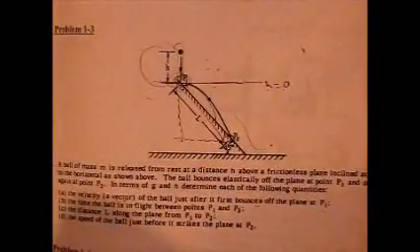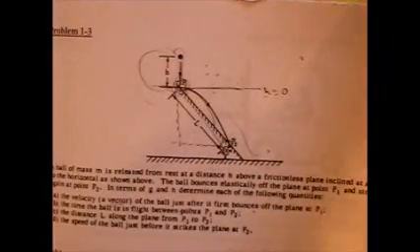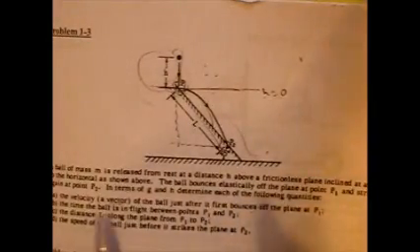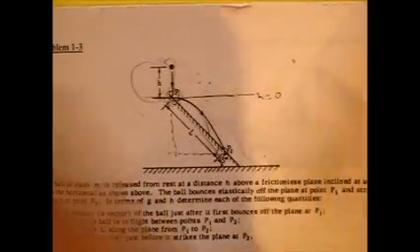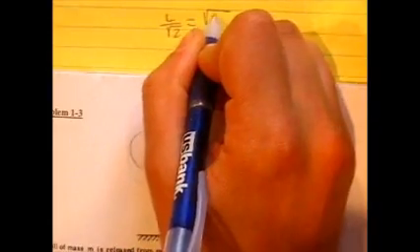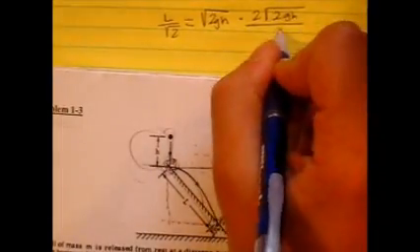For part C, what they want is the distance L along the plane from P1 to P2. So all you have to do is substitute what we found for t into one of the L equations we had earlier. So just pick any one. I'm going to go with L over rad 2 equals rad 2gh times t.